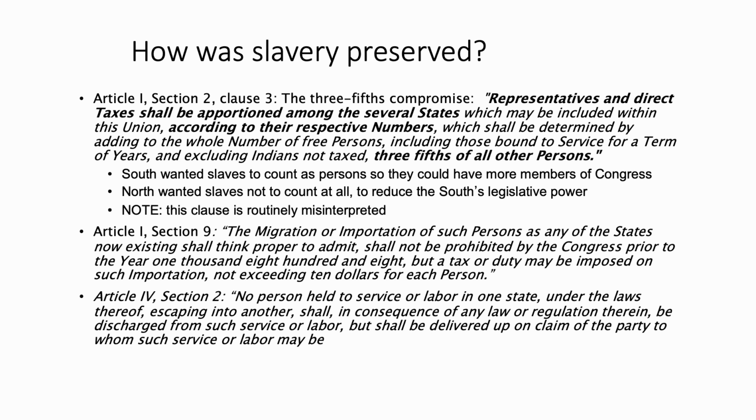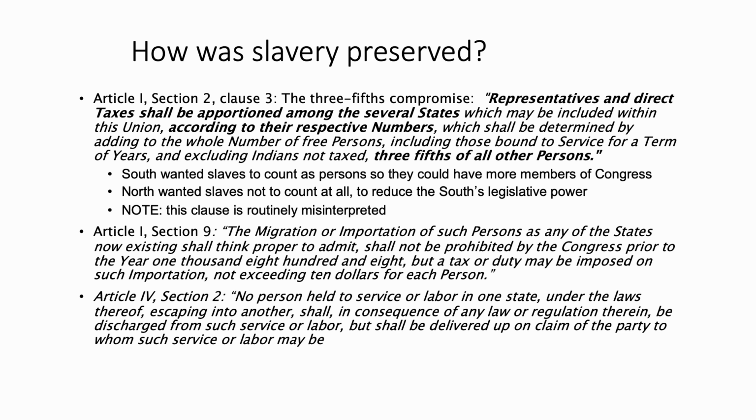And so they compromised. The compromise was that the total number of enslaved people in a state would not be counted, not the total, but 60% or 3/5 of them would be counted. So it was just a numerical compromise.